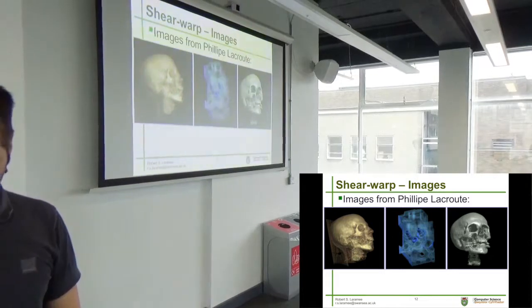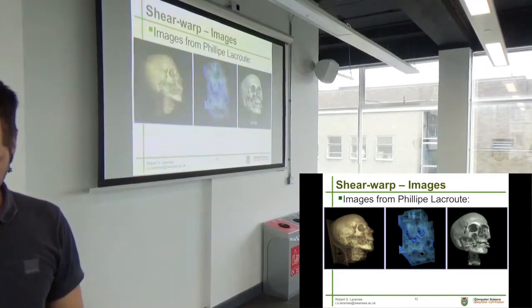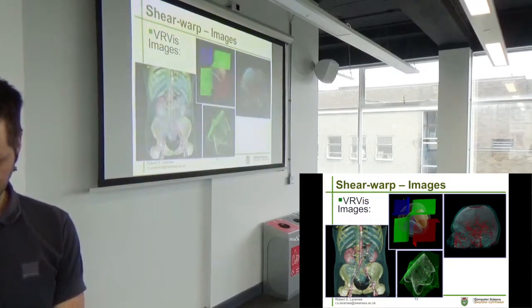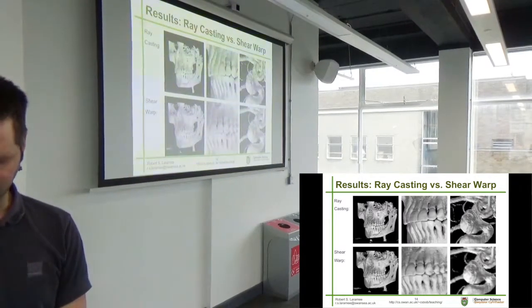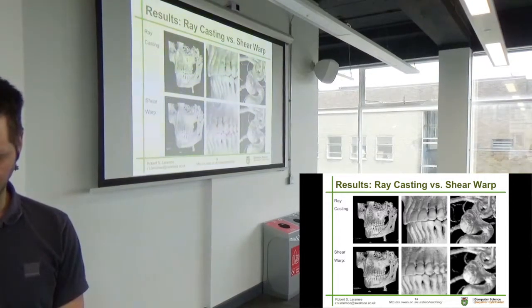And here are some images of the shear warp algorithm, some volume rendering using the shear warp factorization. Some more images. Here are some images comparing traditional ray casting with the shear warp. Here's somebody zooming in. This is ray casting, the slow version, so to speak. And then this is the fast shear warp algorithm.